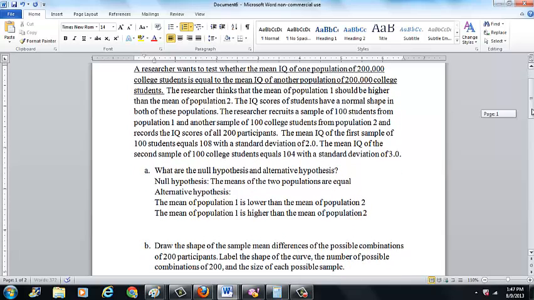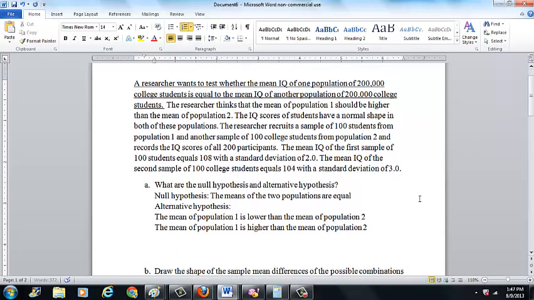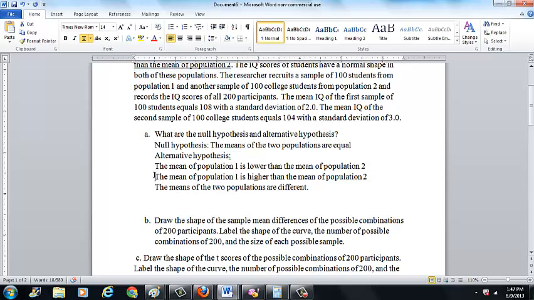And this last one says the means of the two populations are different. We need to see which one we're choosing. In this sentence it says the researcher thinks that the mean of population 1 should be higher than the mean of population 2. That means we're trying to support this alternative, which says that the mean of population 1 is higher. So this would be your alternative hypothesis.